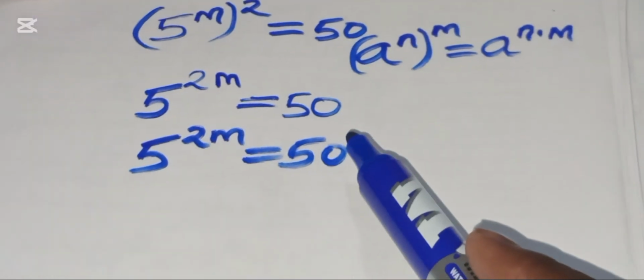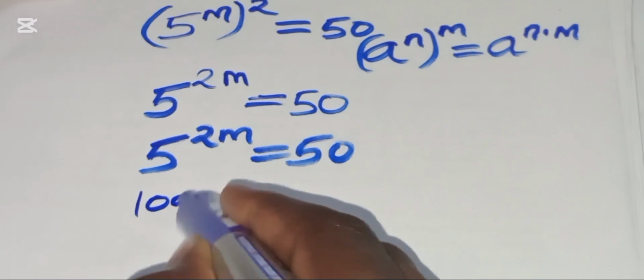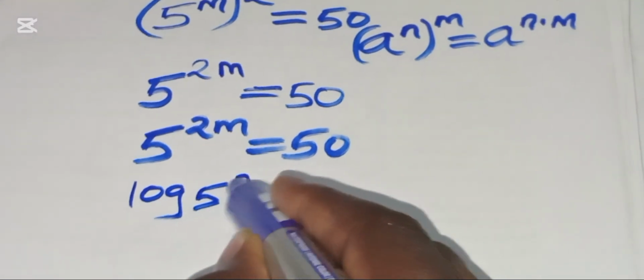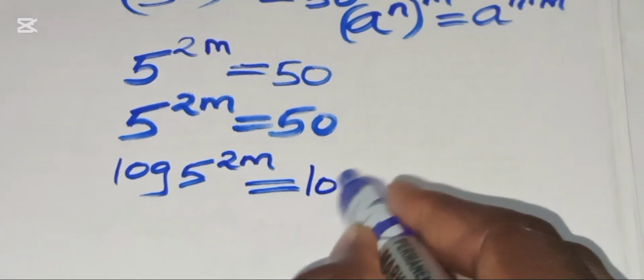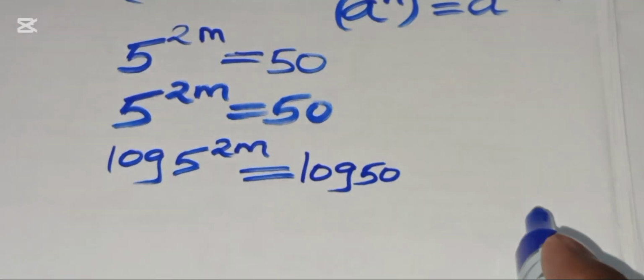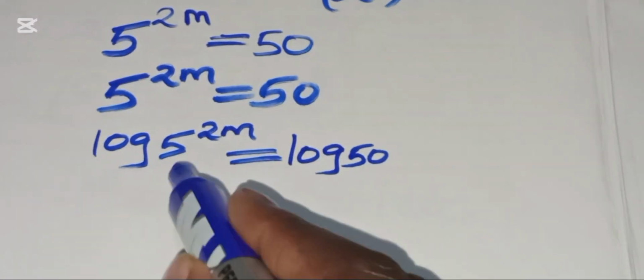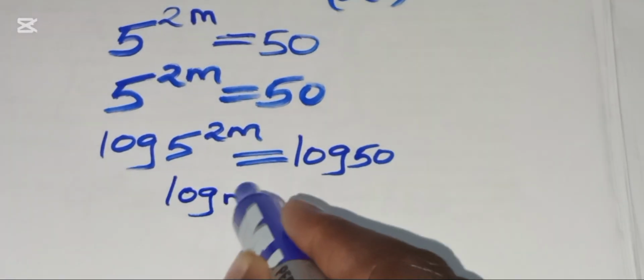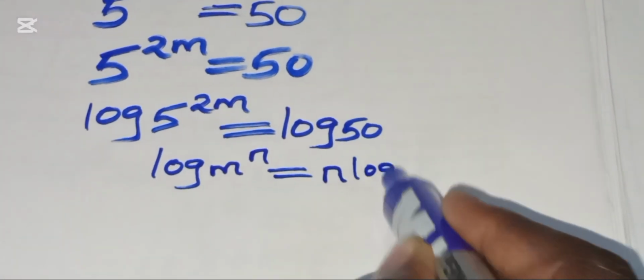And so for the value of m, we introduce the natural logarithm, so that we'll have log of 5 raised to the power 2m. This is basically equal to log 50. From here, log 5 raised to the power 2m is in the form of log m raised to the power n, which we can express as n log m.